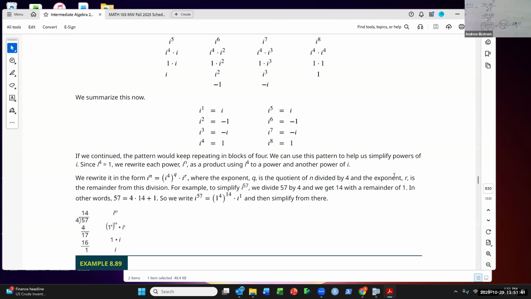It's a negative. If it's say 63, we can again break it down to i to the 60 times i cubed. i to the 60 is positive 1, i cubed is negative i.